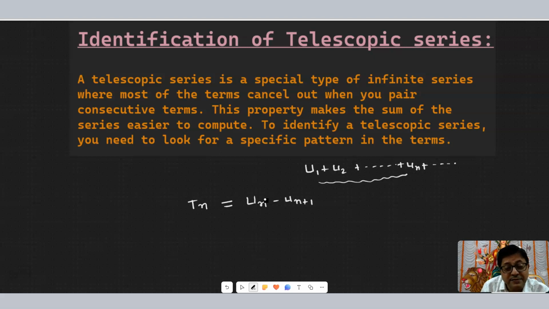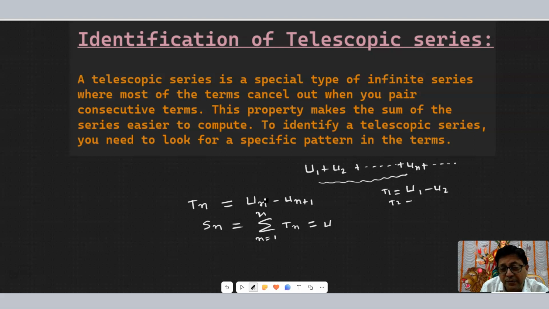Then what is Sn? Sn is nothing but sigma Tn, with n equal to 1 to n. What will be the remaining terms over there? Let me write it here. It is u1 minus u2, the first term T1.